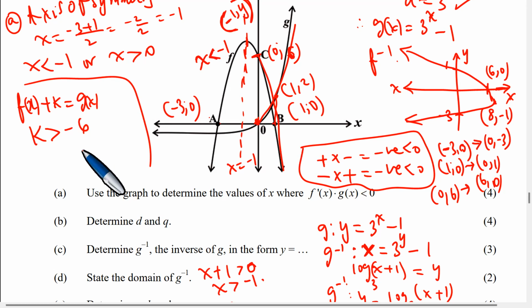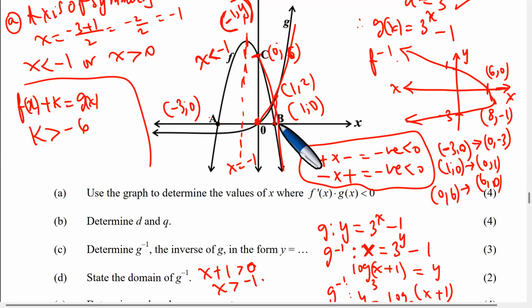Because by -6 exactly, they're going to be equal. So you can move it down, for instance, by 1 unit, 2 units, up to 6 units, but just above, bigger than 6 units. Because if it is at this point, then they're equal.